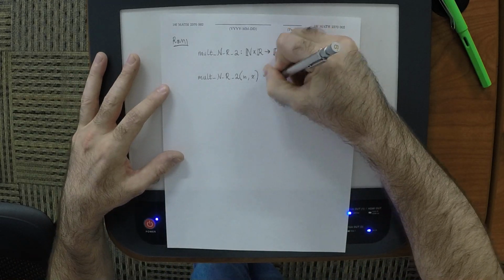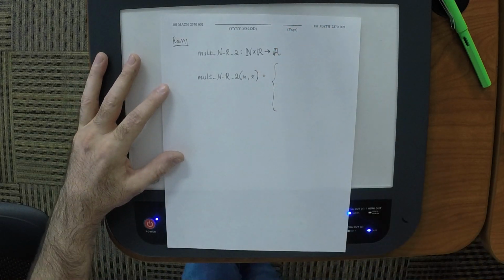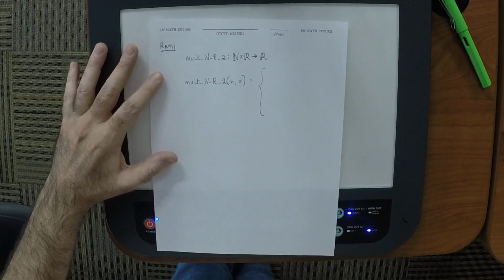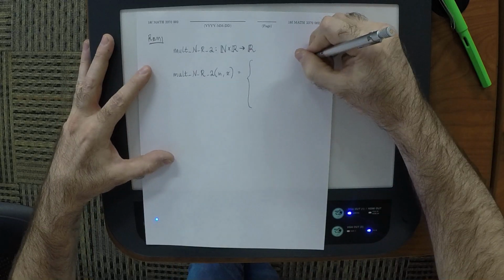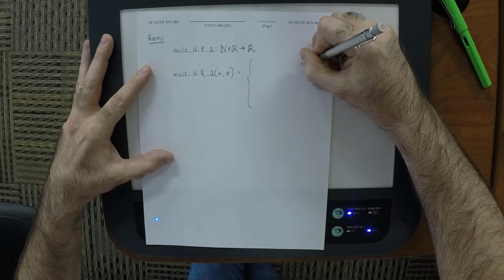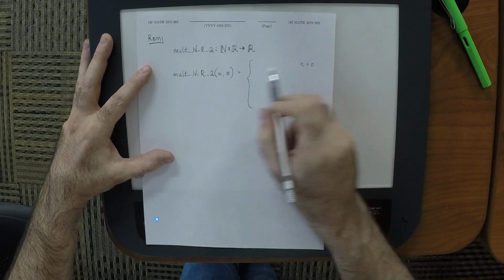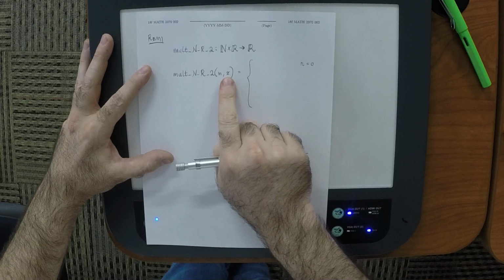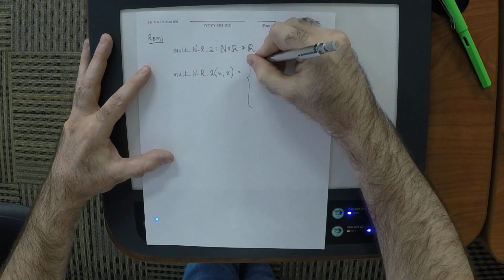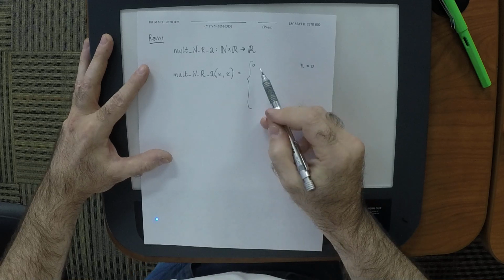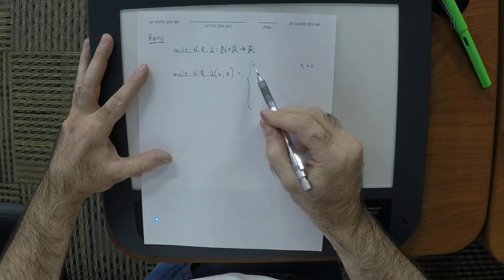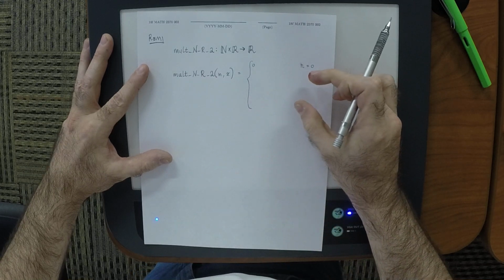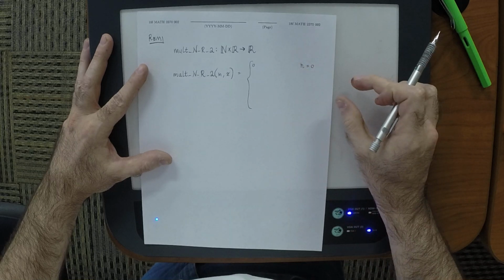All right. So, fine. When n is 0, that means that we're talking about 0 multiplied by x. So the answer is 0. Okay. Now, if this was exactly mult in R, we would just say otherwise.